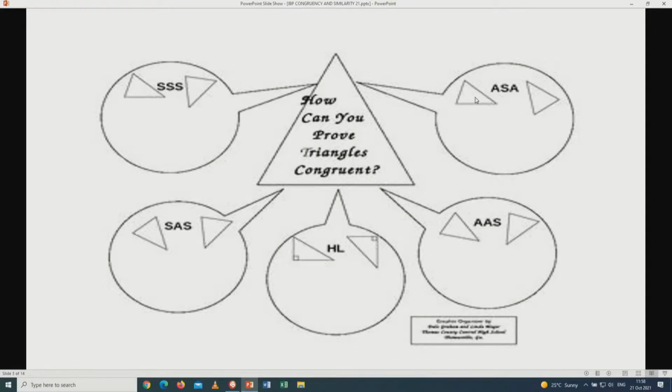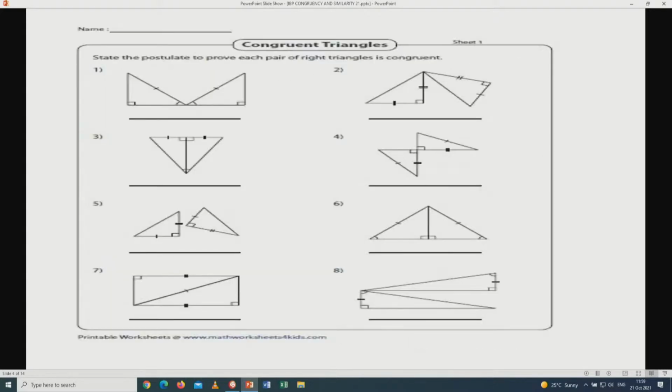If two angles and the side between them are equal in these two figures, then they are congruent. If a side, angle and side are equal, then they are congruent. If the hypotenuse, which is the side opposite 90 degrees, and any other side are equal, then they are congruent. If you've got an angle and a side equal, those are the kind of things that we'll be looking into.